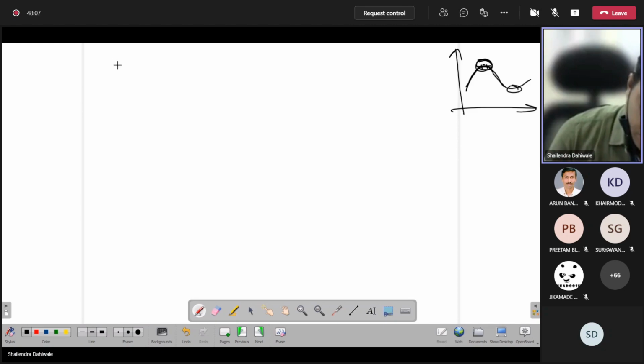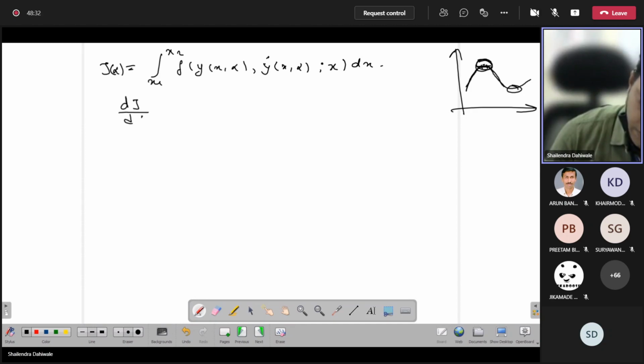Okay, so for our case, this J of alpha is the integral from x1 to x2 of f of y(x, alpha), y dot(x, alpha), and x dx. To get the condition of stationary, we should have dJ by d alpha equal to 0 at alpha equal to 0.